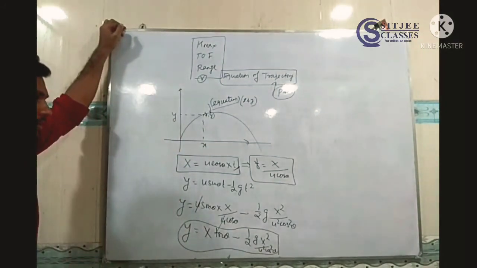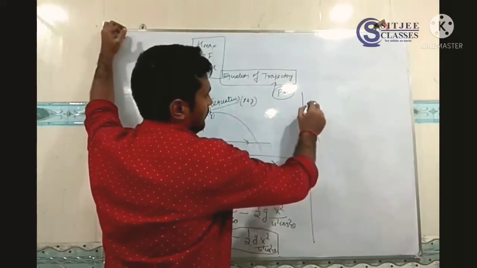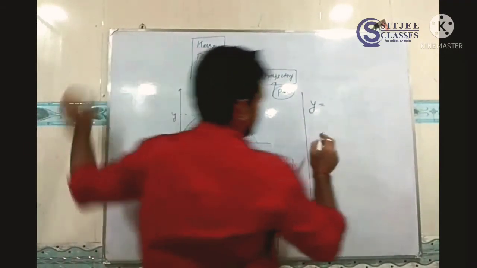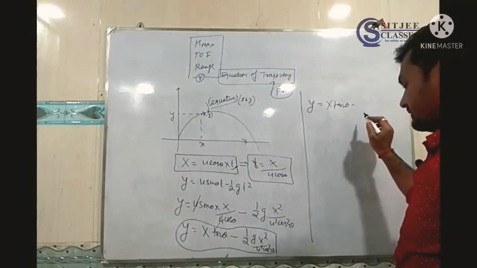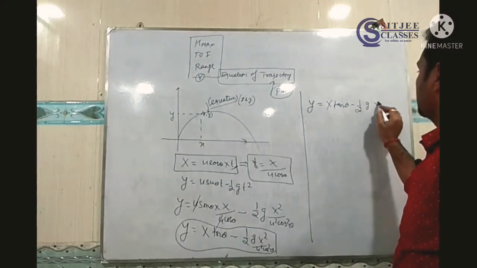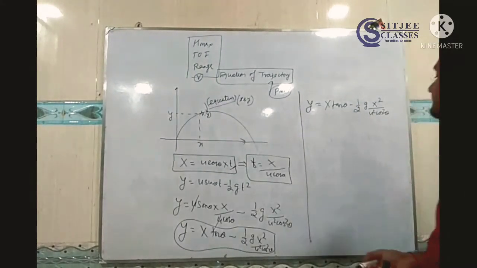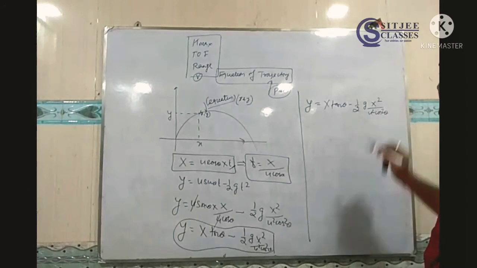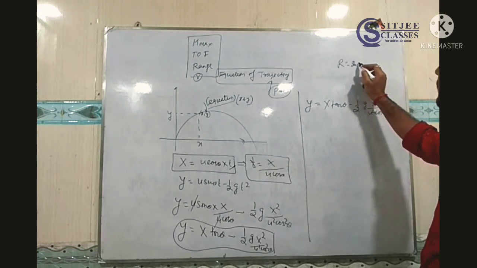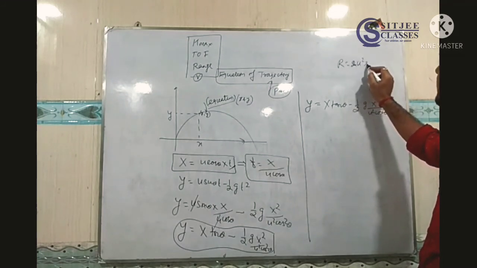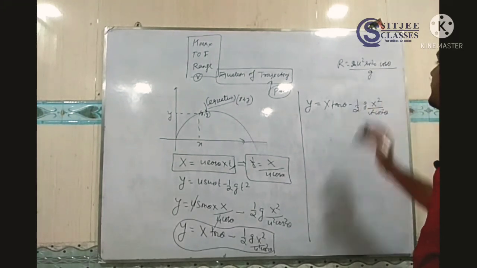But if you want to make this equation a little more comfortable, what we can do is, y is x tan theta minus half g x square over u square cos square theta. Let us develop some range part here. What is the range formula? R is 2 u square sin square theta, that is sin theta into cos theta, divided by g.